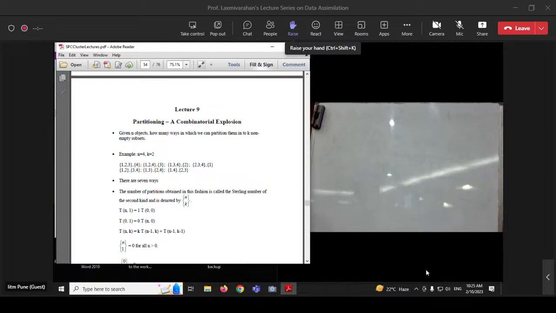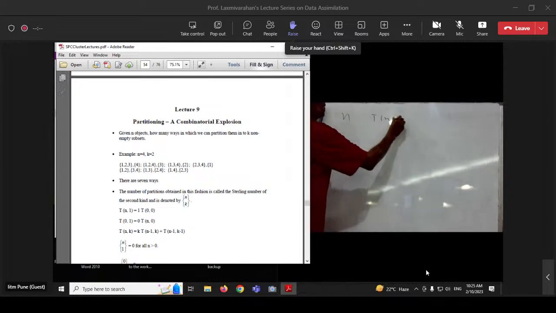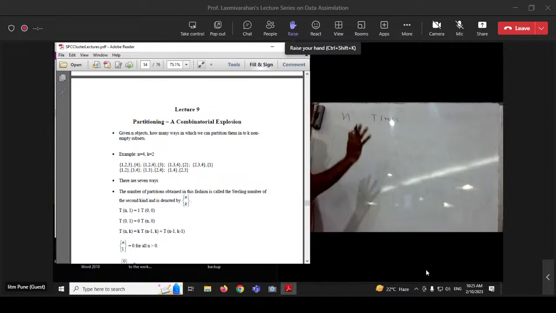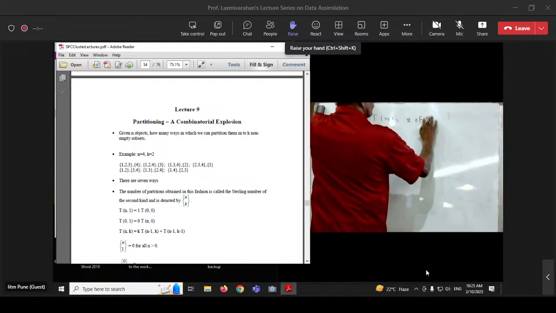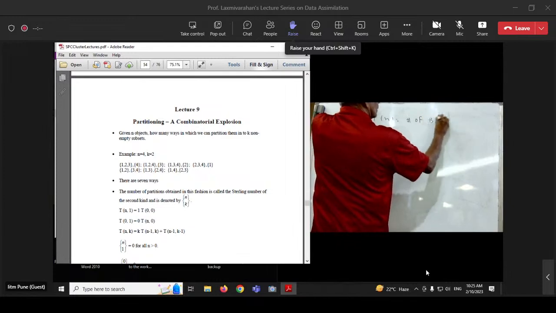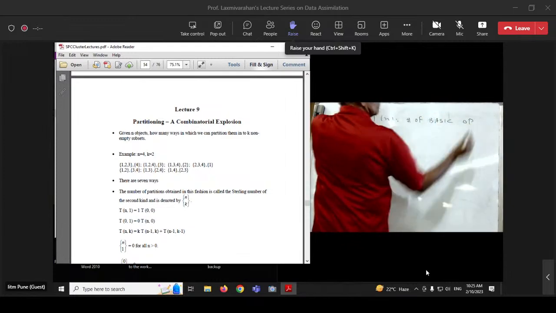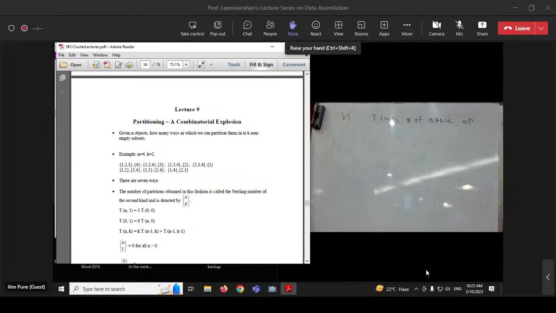So if every operation is going to take unit time, and I have a problem of size n, I'm going to represent my time in terms of the number of basic operations. So what are the basic operations? Addition, multiplication, subtraction, division, comparison. That's it. So if you give me a problem, if you give me an algorithm, how do I estimate the time?